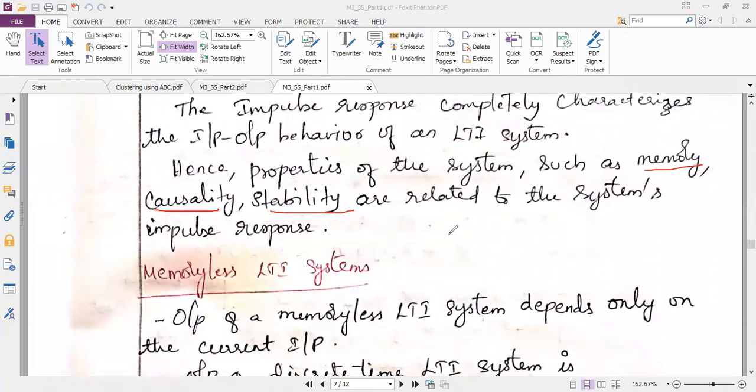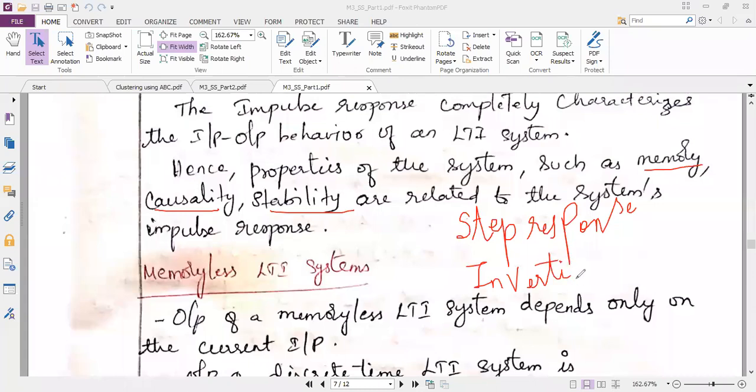Along with these properties, we are going to discuss a new property called step response, and one more is invertibility. Even in the previous module we discussed invertibility, but along with invertibility, we are going to discuss deconvolution.